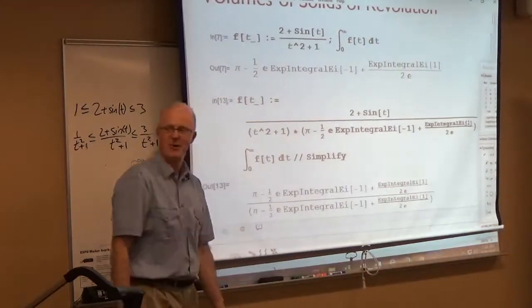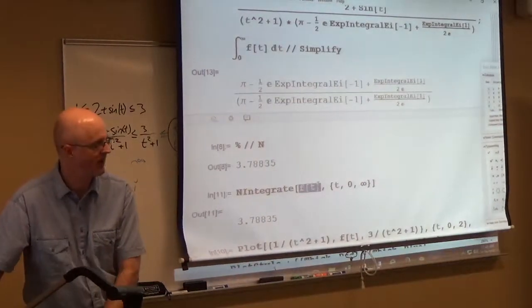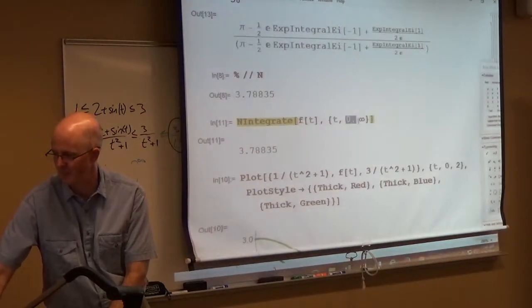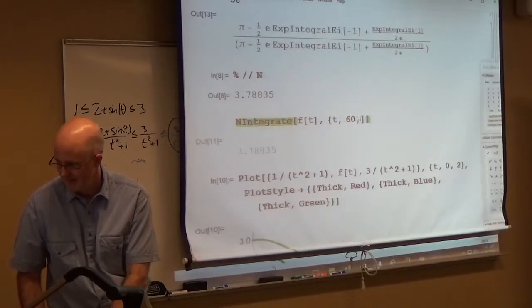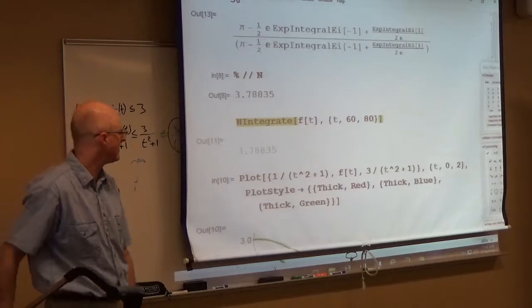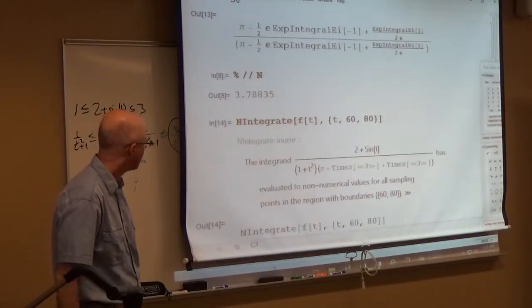We can integrate it to find probabilities. Now f of t is the new function. If I integrated, for example, from 60 to 80, and if I was using it as a lifetime model for people living, I'd estimate the probability of dying between 60 and 80 to be, oh, come on.